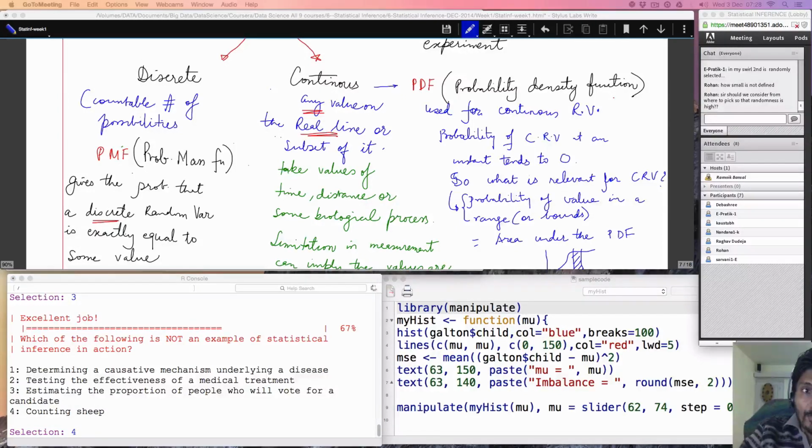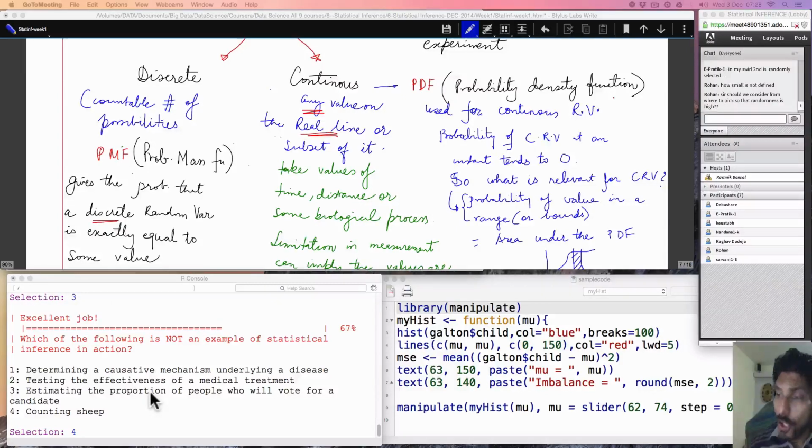But I'll not jump to counting sheep as an answer. Let us knock off that answer and look at each of the other ones, right? Determining a causative mechanism underlying a disease. So I'm determining the causative mechanism. Why should it be an example of statistical inference? Say some disease is there, right? When I'm saying mechanism, mechanism is deterministic.